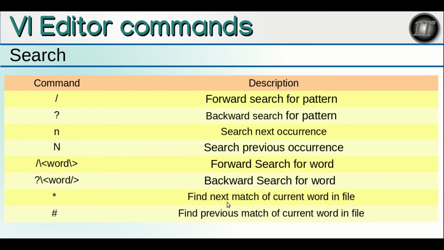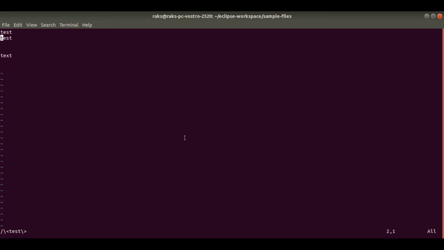If you want to find the next match of the current word in the file, suppose your cursor is here, and you are working in this. Let me add some more test.